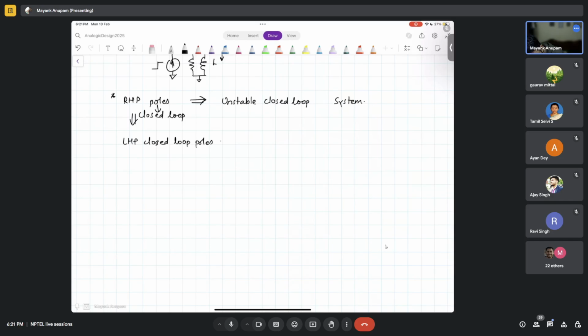We want LHP closed loop poles, which means that it will guarantee that the system is stable, right?